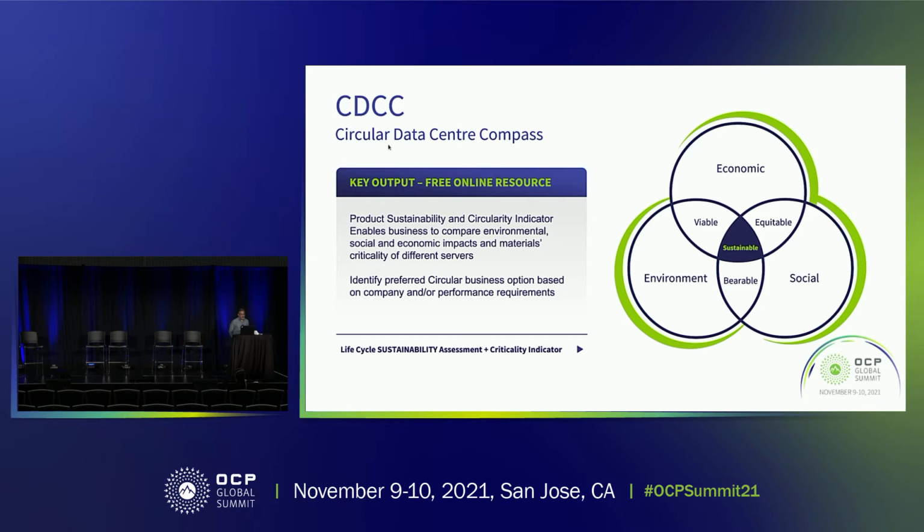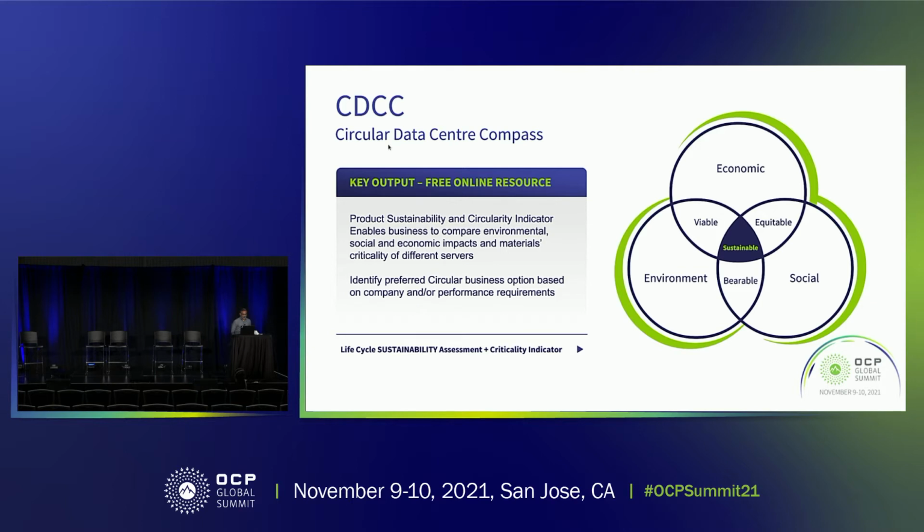So one of the key outputs to assist development of the circular economy is the Circular Data Center Compass. And this is a free online resource. It's not live yet, but it will be live imminently. And basically, it is a product sustainability and circularity indicator.